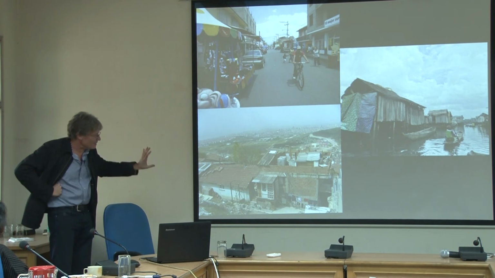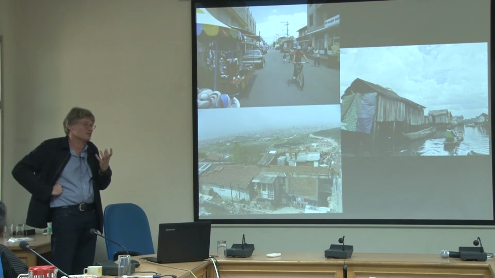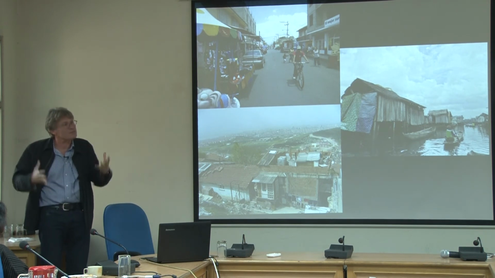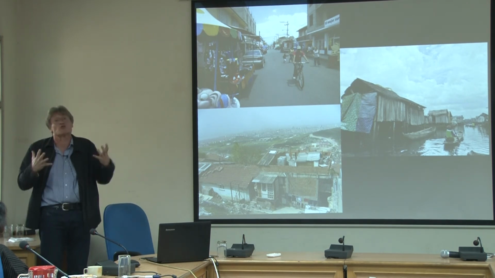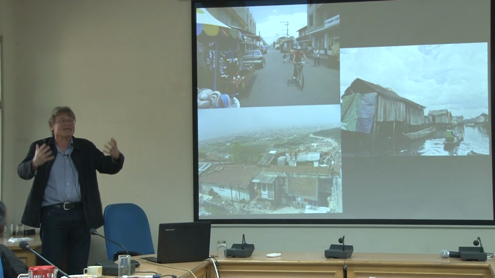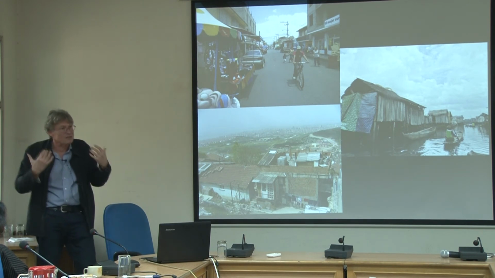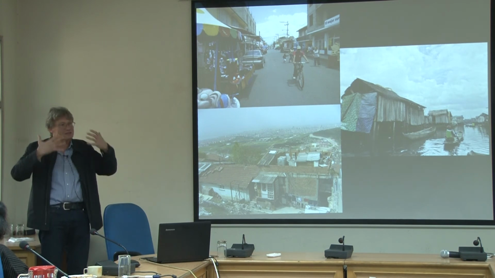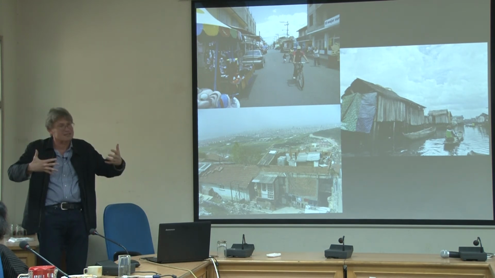But here, the idea behind popular urbanization is to have a positive term, no? To say it is possible that people construct their own neighborhoods in a good way. And to say informal, urban informality, this is always a kind of deviation. No? The basic process would be formalized.